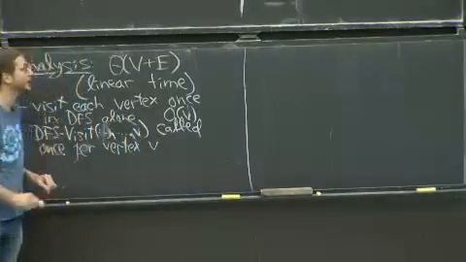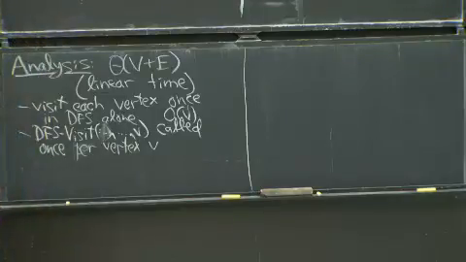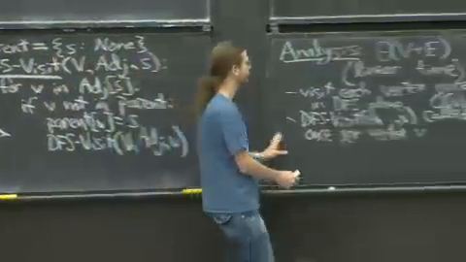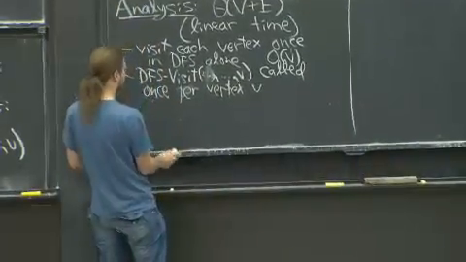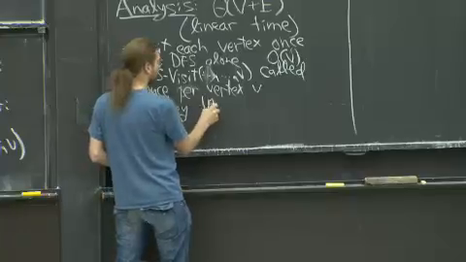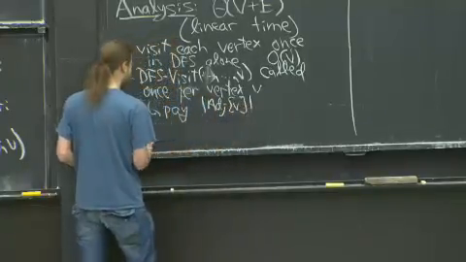Okay, but it does not take constant time. This takes constant time per vertex plus a recursive call. This thing takes constant time, but there's a for loop here. We have to pay for however many outgoing edges there are from v. That's the part you're missing. And we pay length of adjacency v for that vertex.